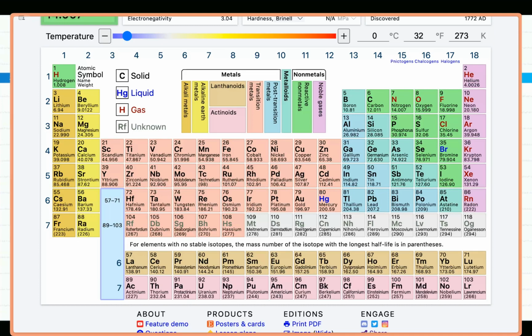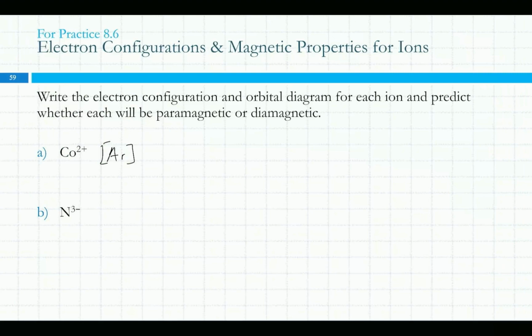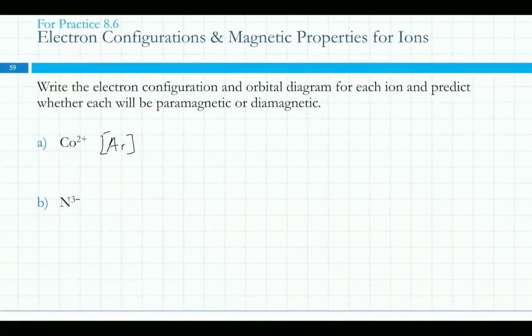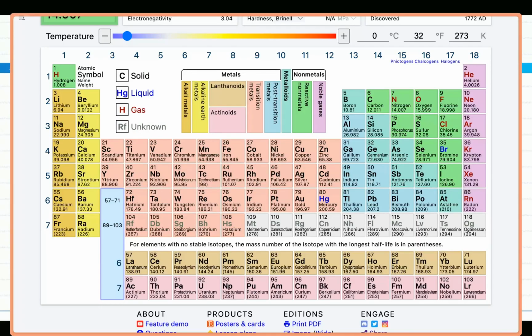Now we're really only concerned about valence electrons, but we have to remove the 4s electrons first. So we can start with argon. It's got the same number of electrons as manganese, but this will be slightly different. It'll be argon, 4s2, 3d, let's see, 1, 2, 3, 4, 5, 6, 7.